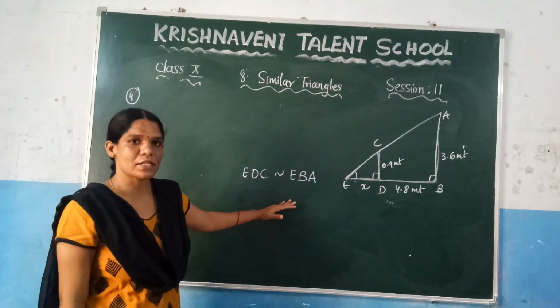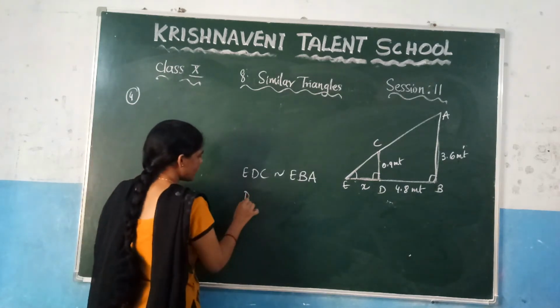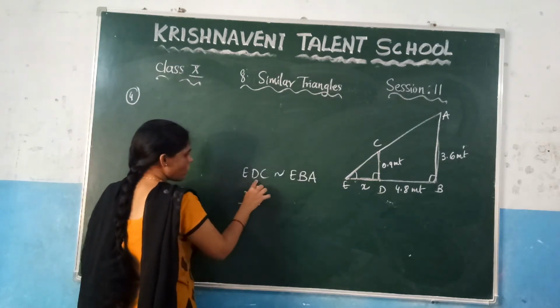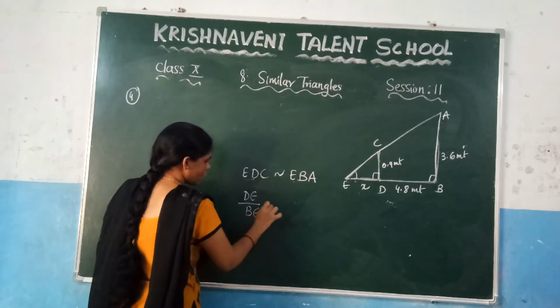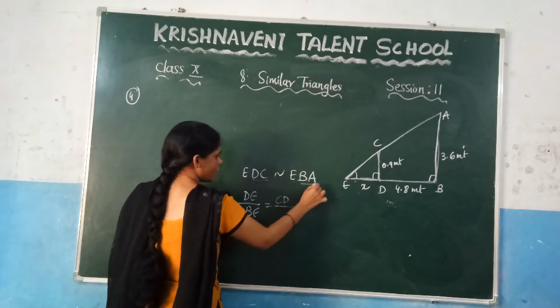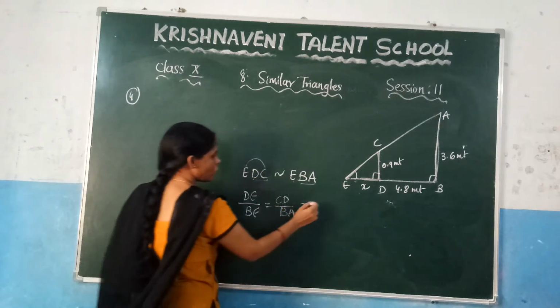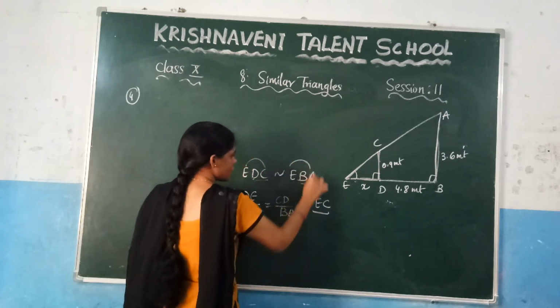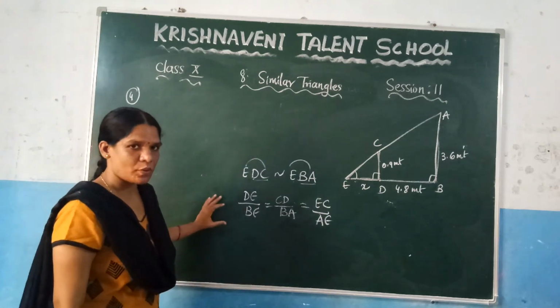If these two triangles are similar, we can say that the corresponding sides are proportional. So you will get DE by what is the corresponding side of DE, which is nothing but BE, and what is the corresponding side of CD, which is BA, and what is the corresponding side of EC, which is AE. Now just check which values we have known here.